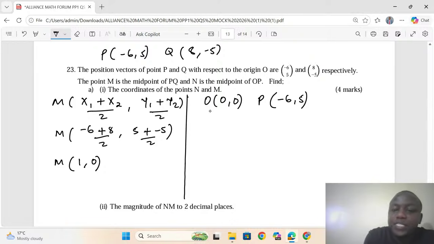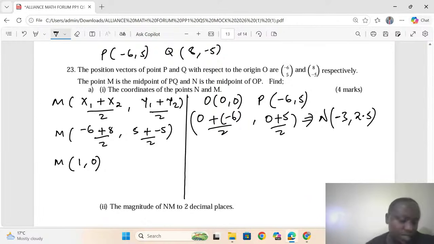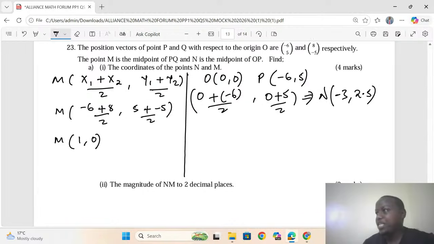So midpoint means 0 and negative 6, divided by 2, and 0 and 5, divided by 2. So N will have coordinates (-3, 2.5). Those are the coordinates of point N.